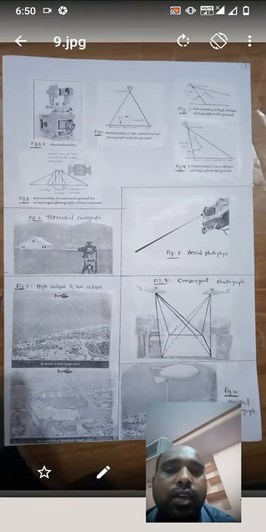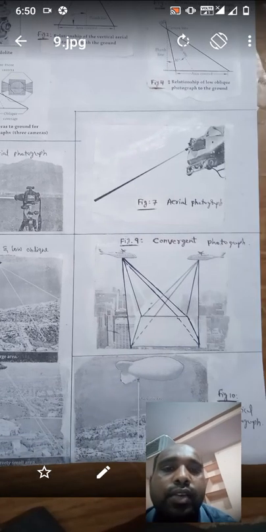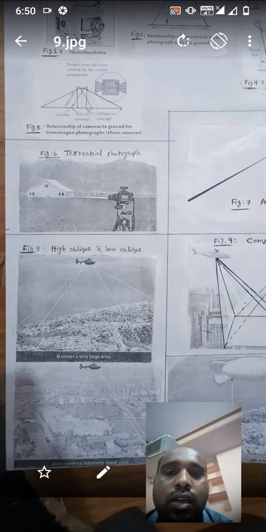So in aerial photography we have seen terrestrial, vertical photograph, convergent photograph, and oblique photograph.